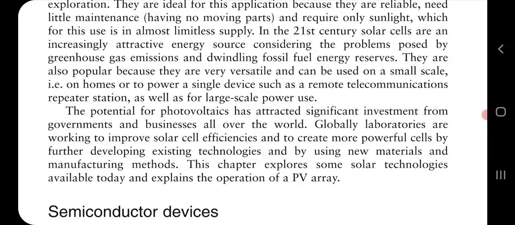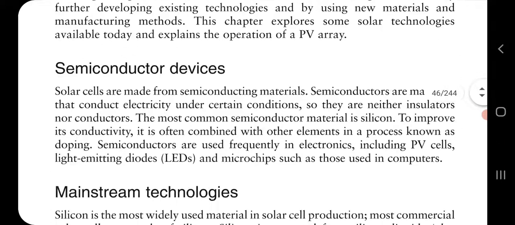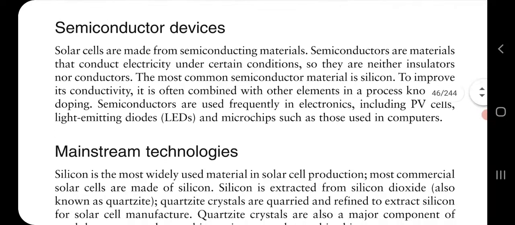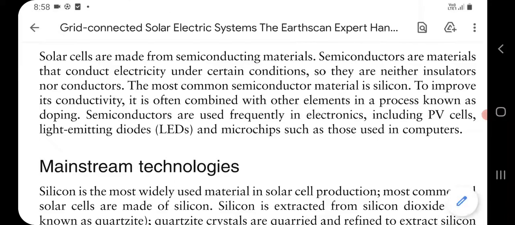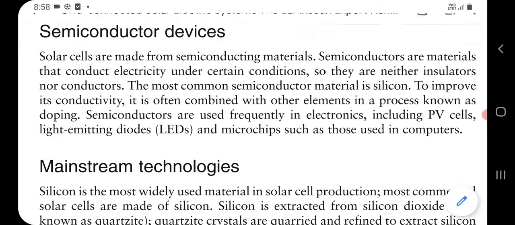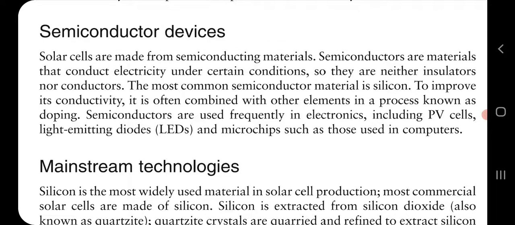Semiconductor solar cells: we all know that a solar cell is made up of semiconductors. In these semiconductors, mostly silicon is used. It is doped and used for producing semiconductor devices.